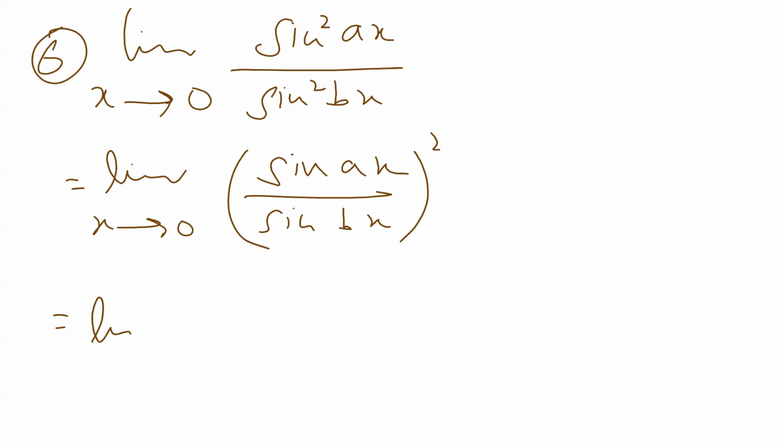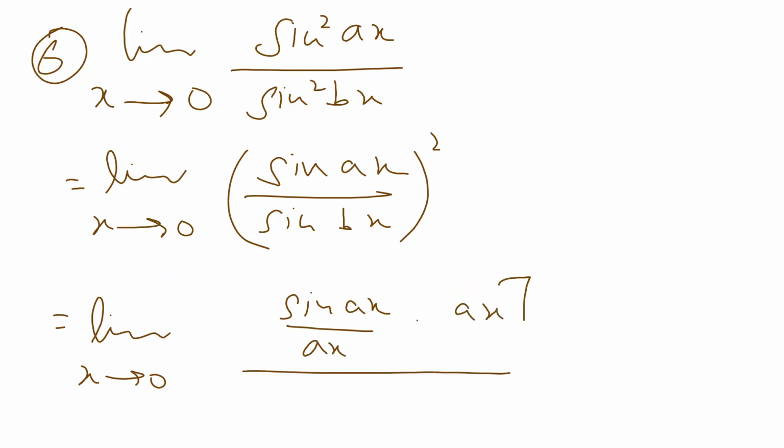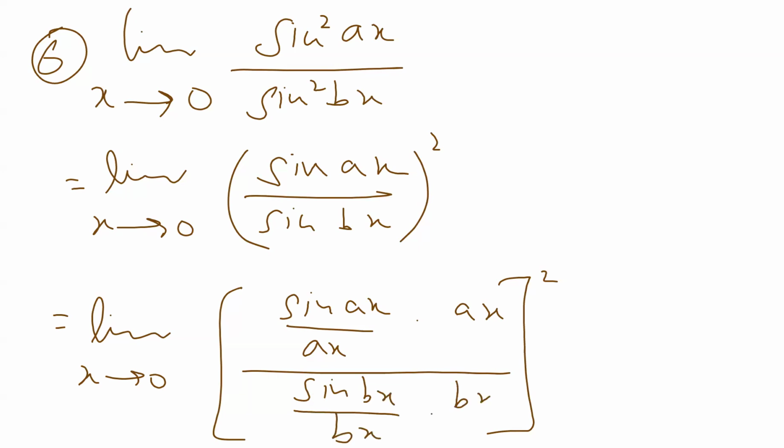So we'll multiply and divide with AX only for the numerator. In the denominator, there is sine BX. So beneath sine BX, which term should be there? BX. So multiply and divide with BX.